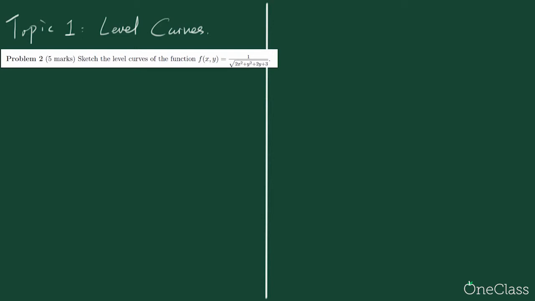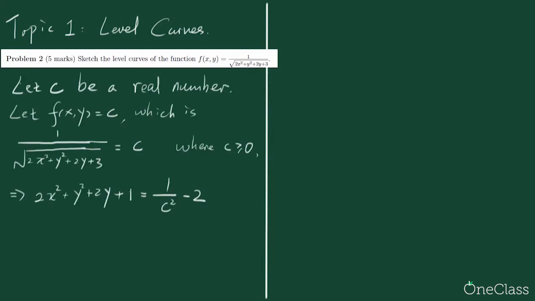So the first thing we need to do is set up the levels, which is to assign a real number on this function, so we can literally draw the pictures. So we let c be the real number, and we let f(x, y) equal to c.